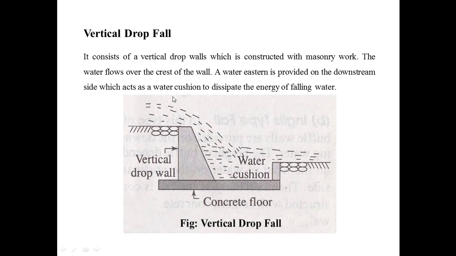A water cushion is provided on the downstream side to dissipate the energy of the falling water, so that the water can easily and slowly move over the bed of the downstream side.